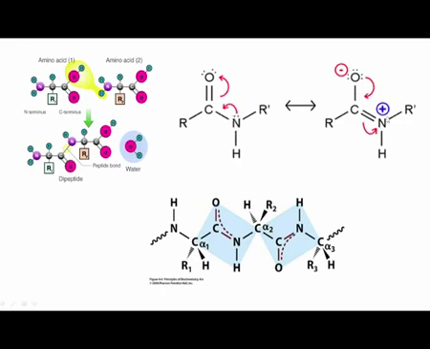Now, in the very next moment, this N, which is now a positively charged atom, will try to pull this pair of electrons back to fulfill its own octet, and as a result this pair of electrons will again be pulled back to form this double bond. So, there is a continuous shifting of this partial double bond character between the O and the N, which results in the formation of what we call a partial double bond character between C and N.